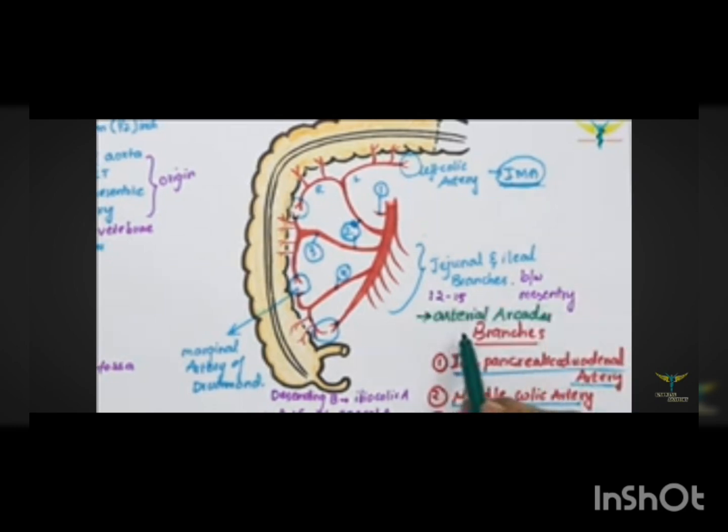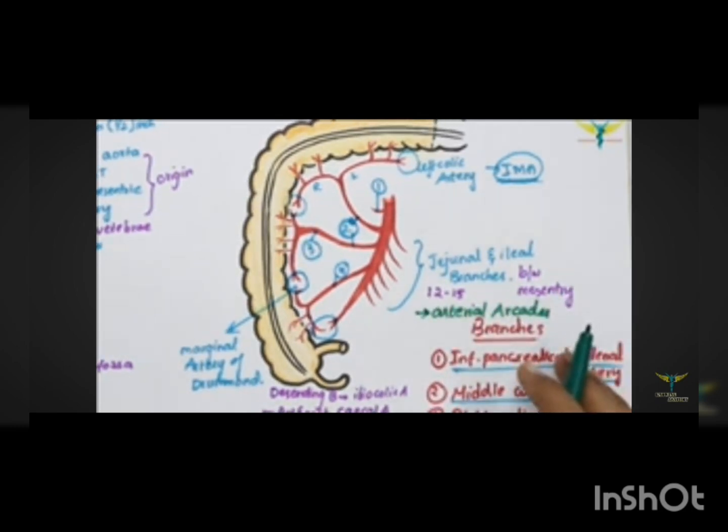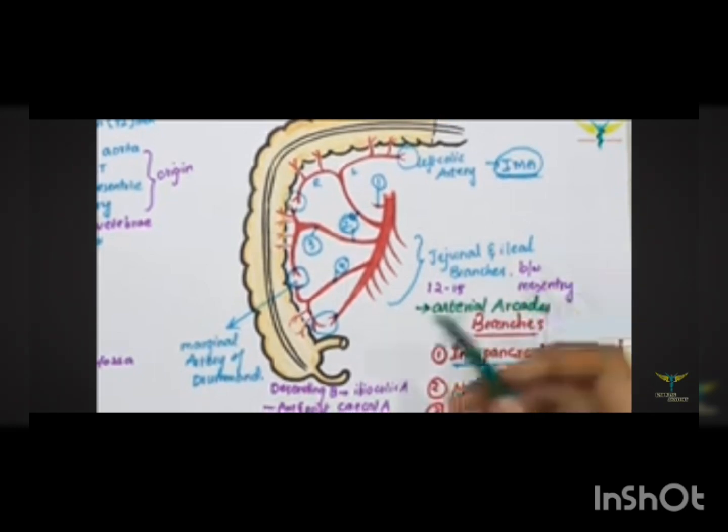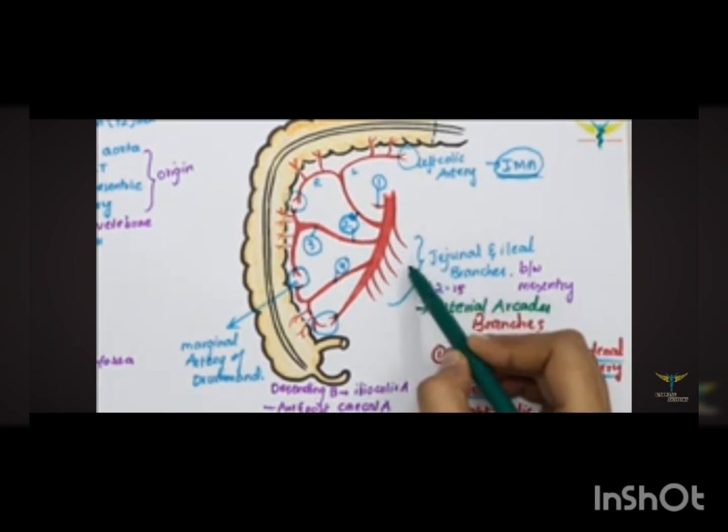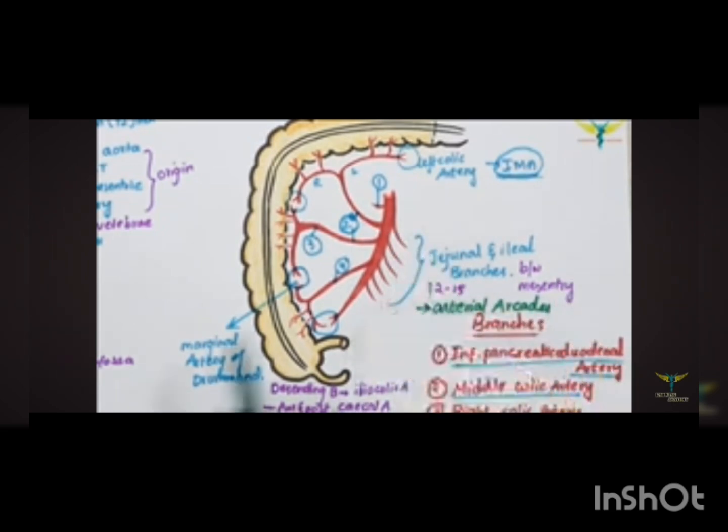These arterial arcades form further branches, and from there the second, third, fourth and even fifth arterial arcades are formed. And remember, the number of these arcades increases from the jejunum to the ileum, and the straight branches of these arterial arcades are called the vasa recta.